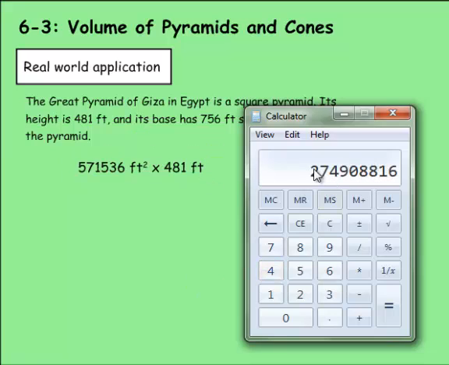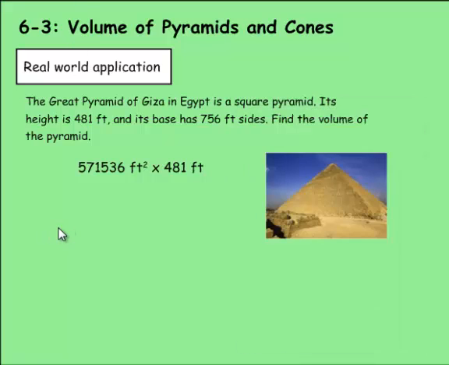But remember, we're not done here yet, because the volume of a pyramid is 1/3 of this total. So we need to divide this by 3. And that gives us 91,636,272 cubic feet. And that is a lot of cubic feet of material, which is why it's called the Great Pyramid.